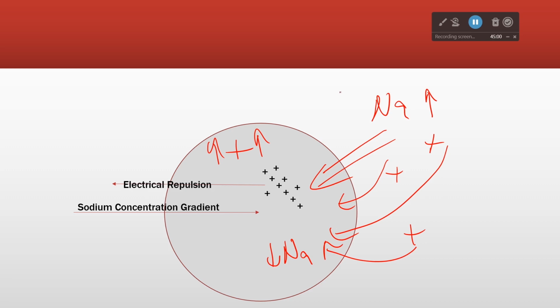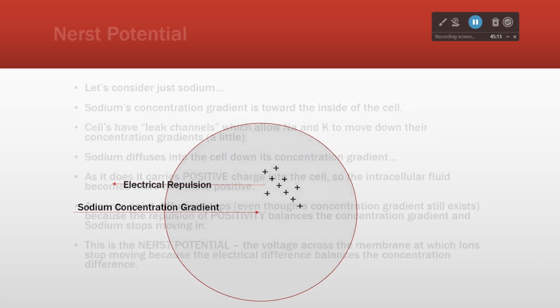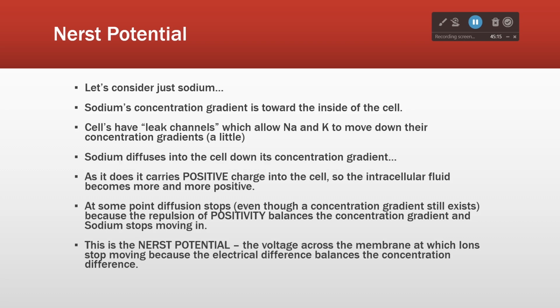So at some point, no more sodium is going to come in because there's too much positivity in there already. Do you see that? So even though there's a concentration gradient, the sodium stops moving because of the charge difference, right? So sodium diffuses down its concentration gradient until there's enough positive charge that it stops.